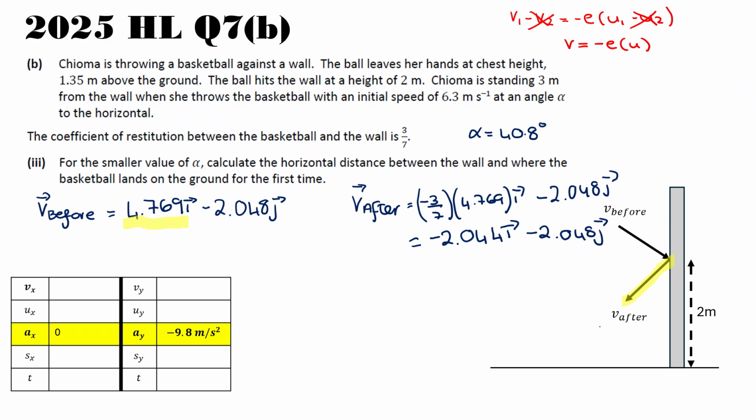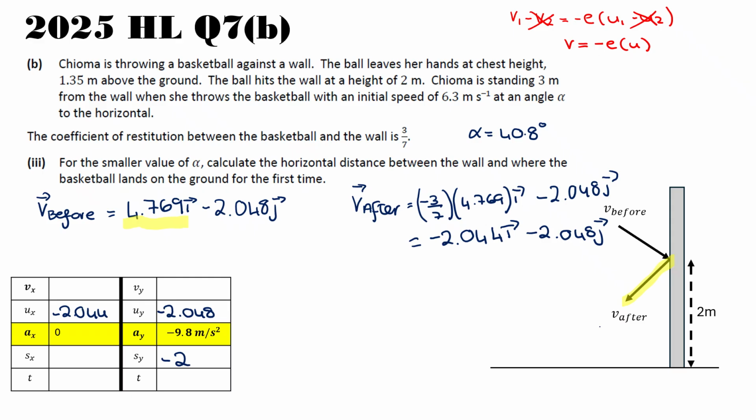Now we can go to our v u a s t and fill in everything we know. The a's don't change. It's 0 and minus 9.8. We now have minus 2.048 for the initial vertical velocity. We know that it needs to fall by 2 meters, so that's an s y of minus 2, because again we're going down.